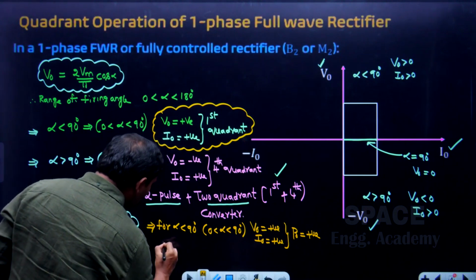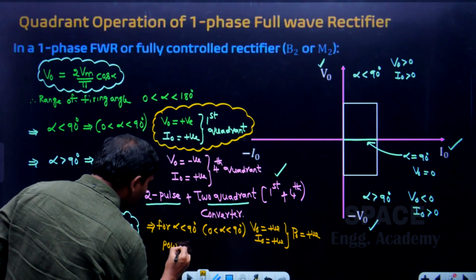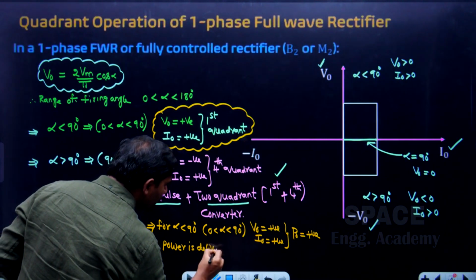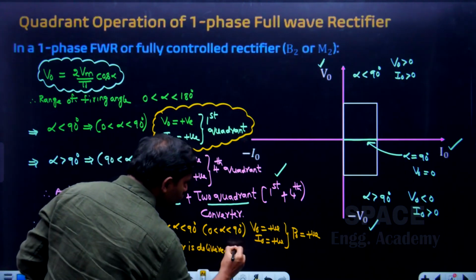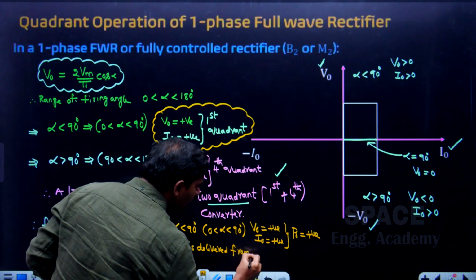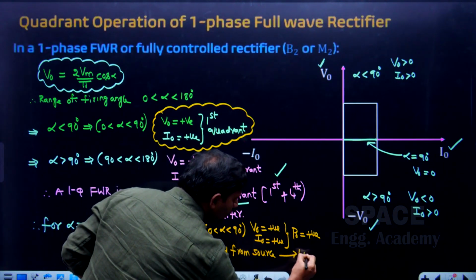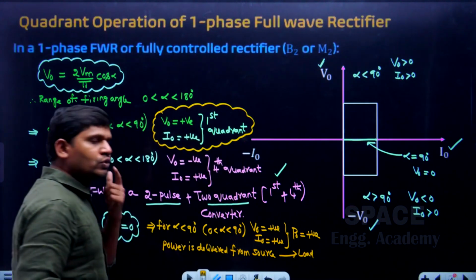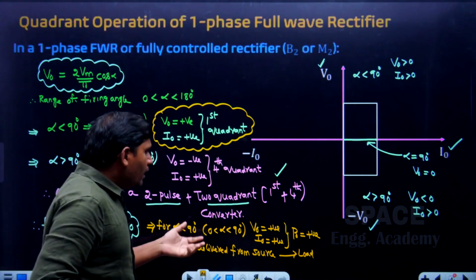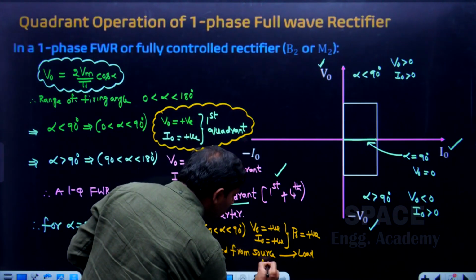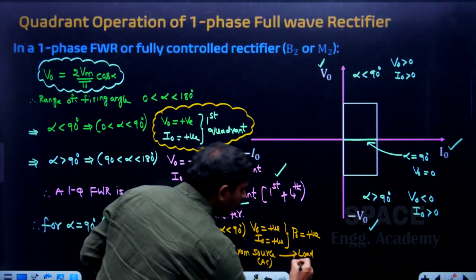Then power is delivered from source to load. Yes friends, power is delivering from source to load. In rectifiers, source is AC and load is DC.